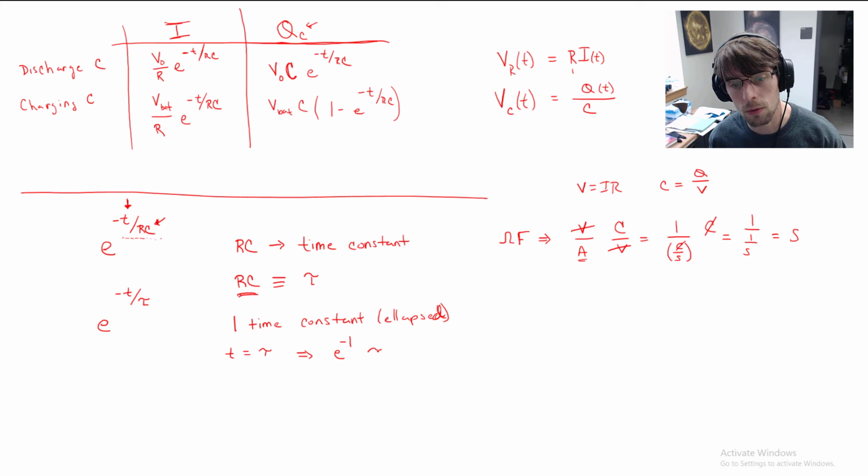This corresponds to roughly 0.36. So for example, if you have a discharging capacitor, after one time constant, the current will be roughly 0.36 of the initial current, V naught over R.